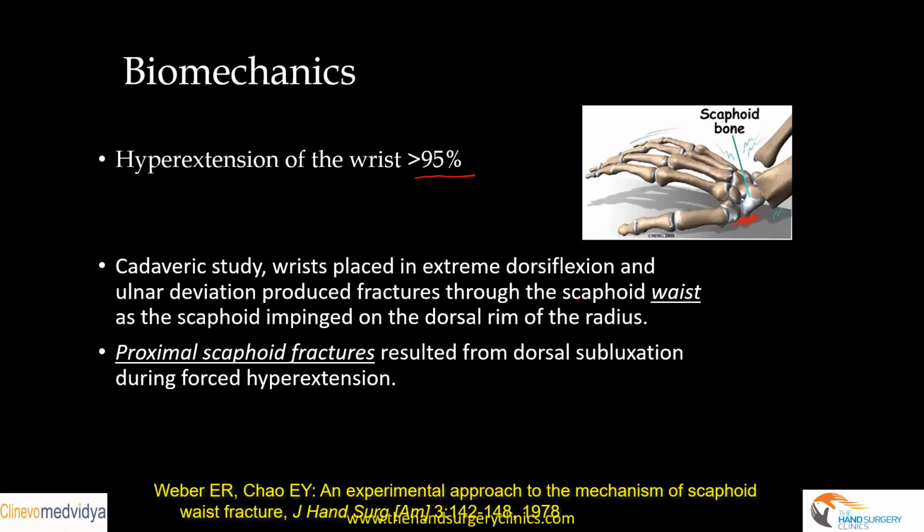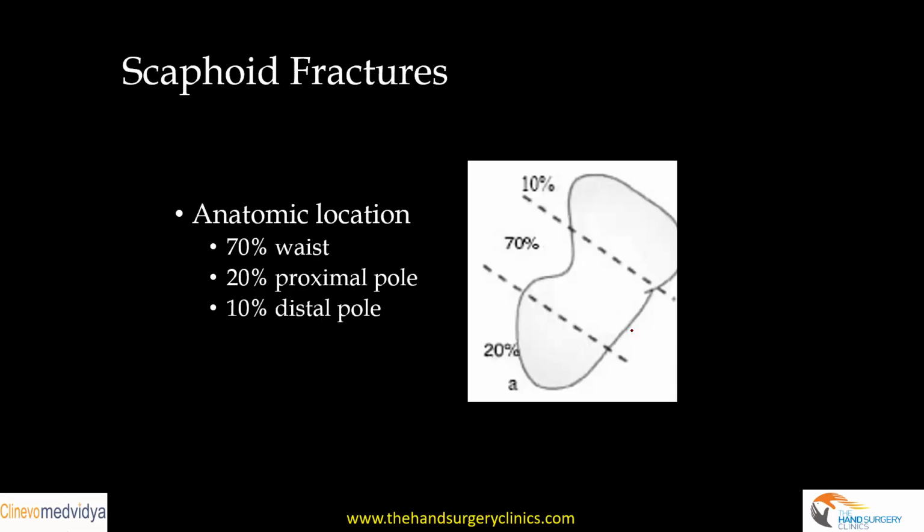It is usually seen in extreme dorsiflexion and ulnar deviation of the wrist joint, and this is when the scaphoid gets impinged on the dorsal rim of the radius. This is something which is called the nutcracker effect, and that results in scaphoid fractures.